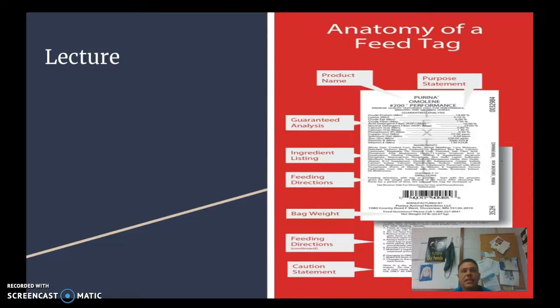This guaranteed analysis will include things like crude protein, crude fat, crude fiber. All of these crudes then also lead into some of the crude vitamins. It depends on which feed you have as to which ones you actually utilize or will be on there.